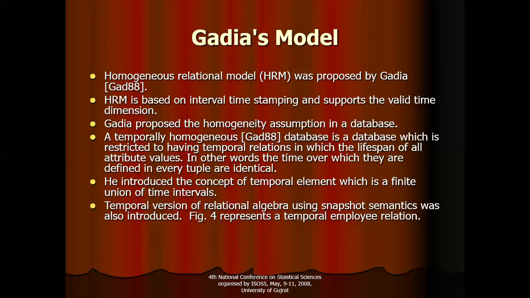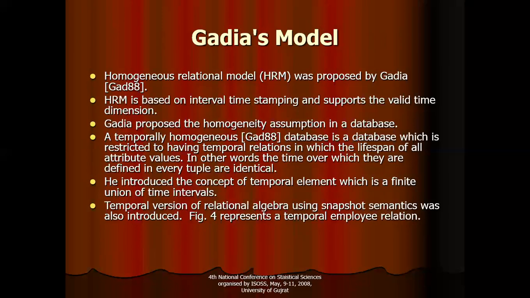Why did he introduce temporal elements? Because here we are dealing with intervals. If some fact is true in one interval and some fact is true in another interval, we can define a temporal element such that we can take the union of these two intervals.